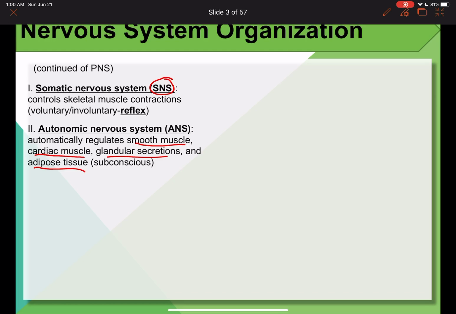So a lot of the stuff that has to do with the autonomic nervous system, there are things that your body is automatically doing for you without you having to think critically what to do next. Some of your somatic nervous system is for that. But autonomic nervous system is usually for stuff that you don't need to be consciously controlling, and your body does it for you.